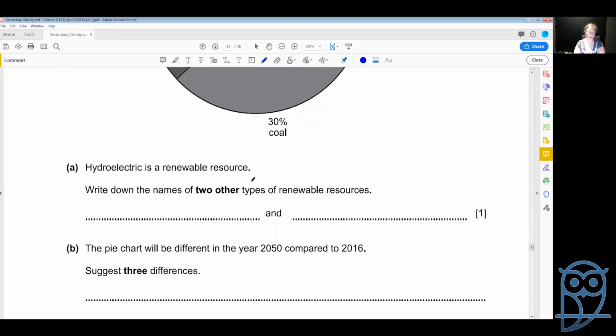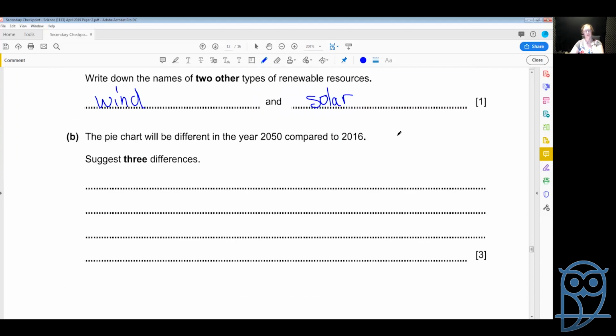Write down the names of 2 other types of renewable resources. So wind and solar power are other renewable sources of power. The pie chart will be different in the year 2050 compared to 2016, suggest 3 such differences.